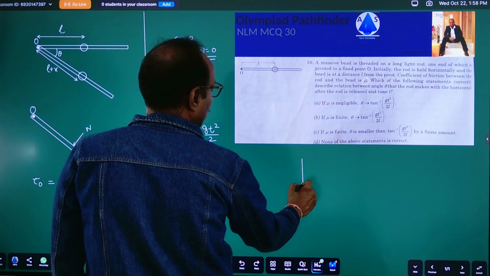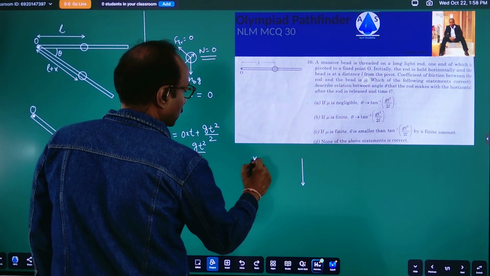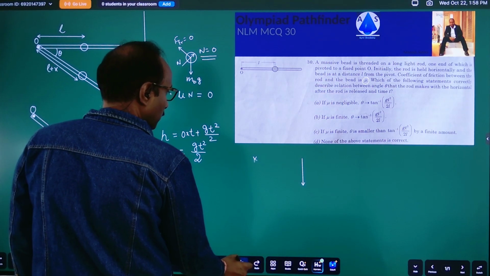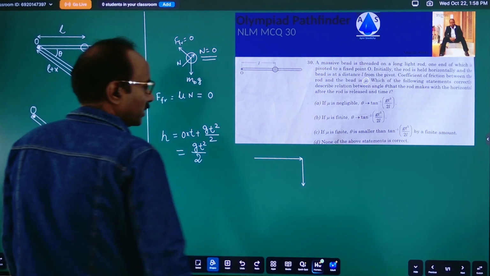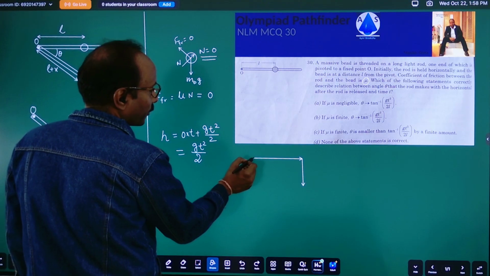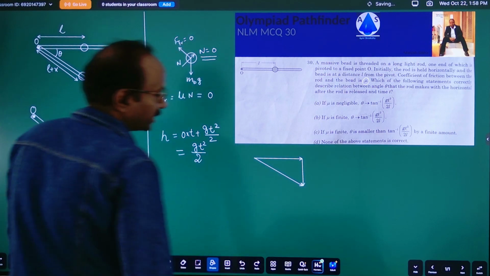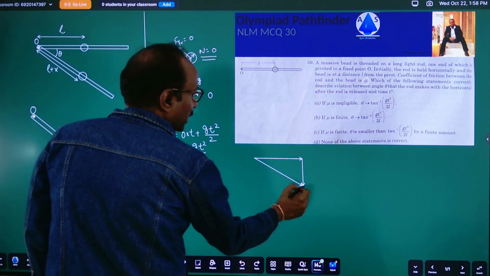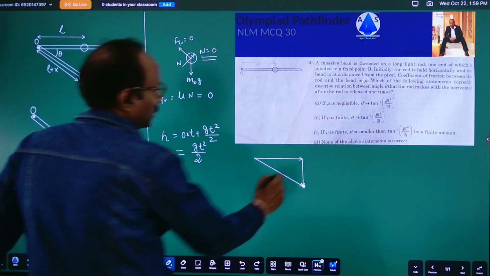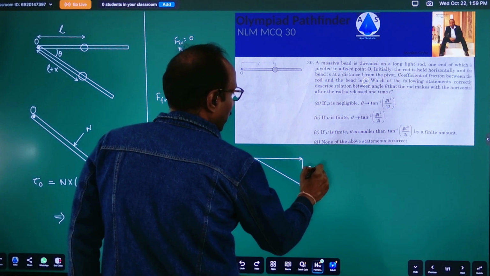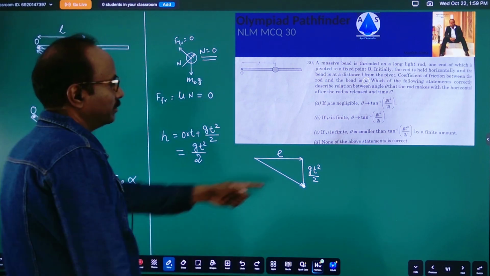g t square by 2. This one was L. The bead position is here. This one is g t square by 2. Initially the bead was here.